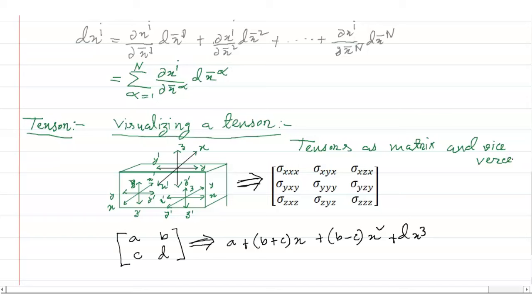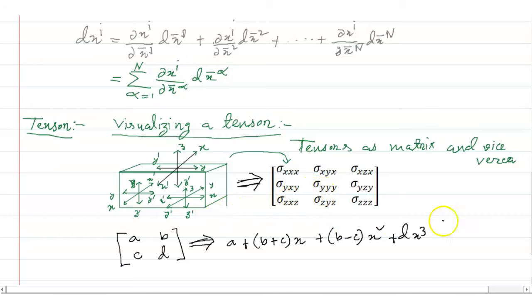You see that this is the matrix, this is the tensor, and this is the matrix. So tensors can be represented as matrix and vice versa.